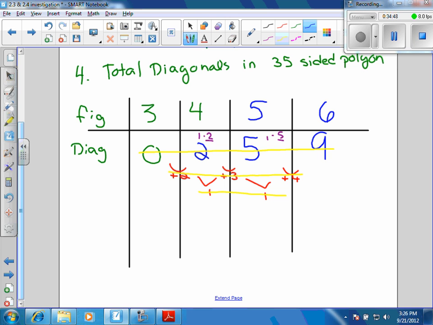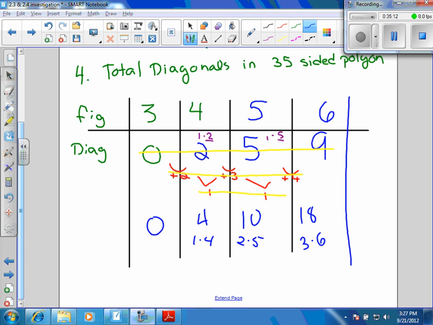So instead of 2, I'm going to have what? 4, 10, 18. Now I'm going to look for a multiplying pattern. Any ideas? Oh, 1 times 4. 1 times 4, 2 times 5. And then also I need to remember that I not only have a multiplying pattern, but I doubled, so what do I have to do over here? Divide by 2.